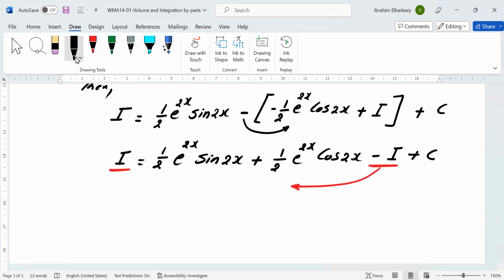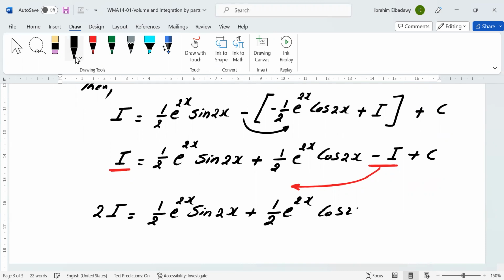So at the left side, you have 2I. And instead of 1I, it will be 2I equal to half e^2x sine 2x plus half e^2x cosine 2x plus c.